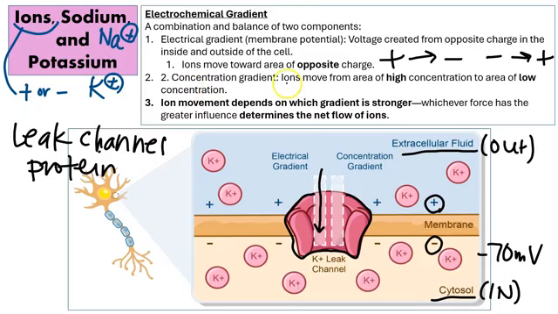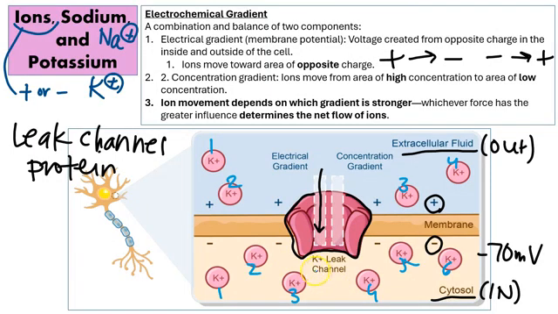Now, when we're talking about the concentration gradient, that's a little bit different. Now you're focused on the amount of potassium on the outside and inside of the cell. Here I see I have 1, 2, 3, 4 potassiums on the outside of the cell, and 1, 2, 3, 4, 5, 6 potassiums on the inside of the cell. Because there are way more potassiums on the inside, what do we know about concentration gradients?